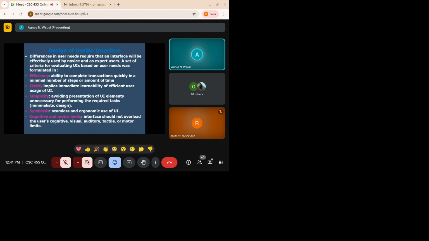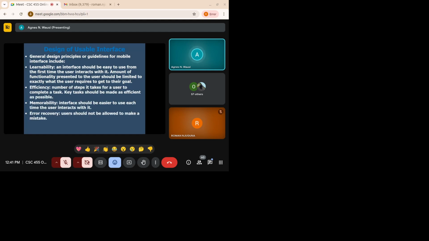Then how seamless it is, so that you are not causing an overload, whether auditory, motor limits, the movement of the hands, or the eyes as they look. All those are very important, and these are some of the criteria that people use to evaluate their user interfaces.